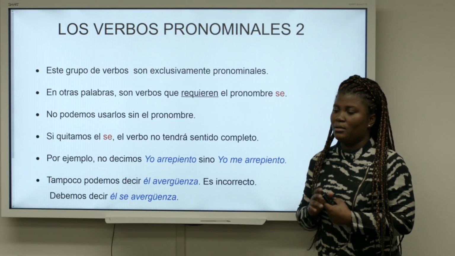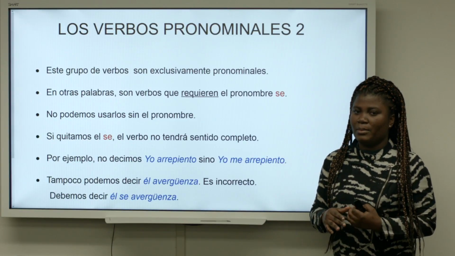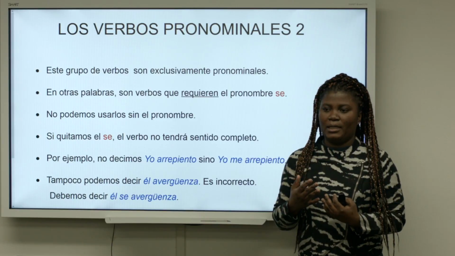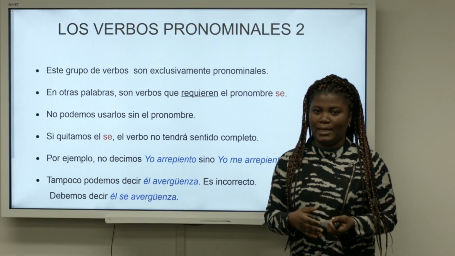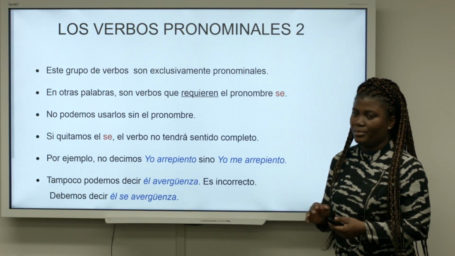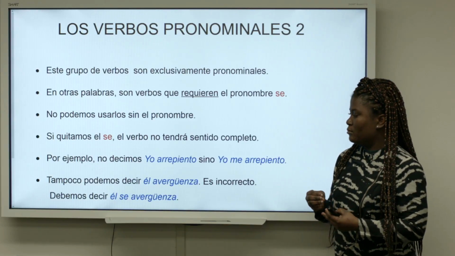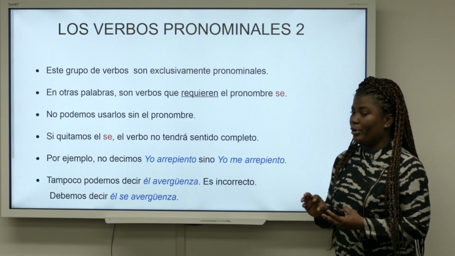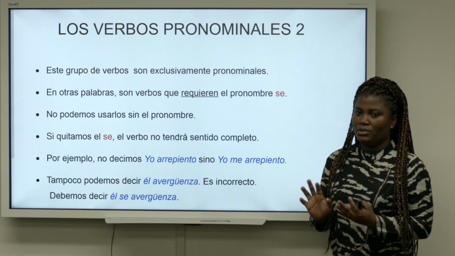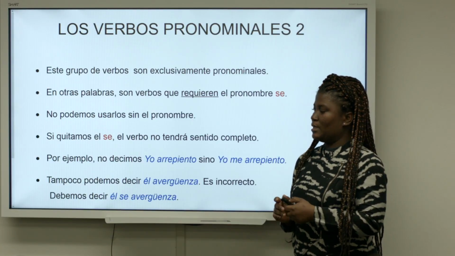That's with the verb acostar. But these verbs don't work like that. You take away the pronoun se, you change the verb completely. It doesn't make sense.